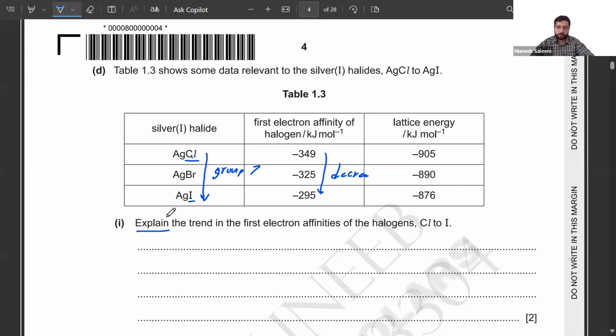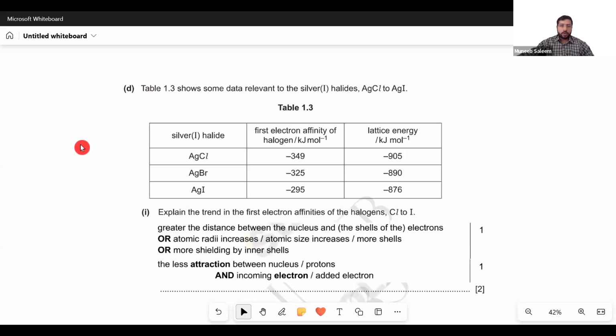So we will write the answer like this. Greater is the distance between the nucleus and the shell of the electrons, or in other words, the atomic radius increases, or atomic size increases, or there are more shells, or there is more shielding by the inner shell.